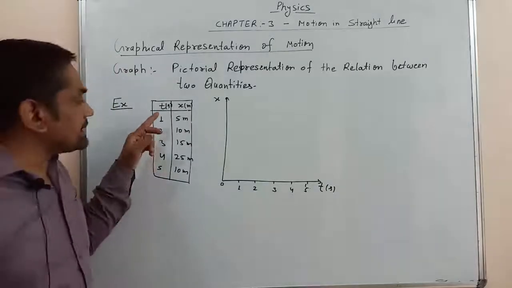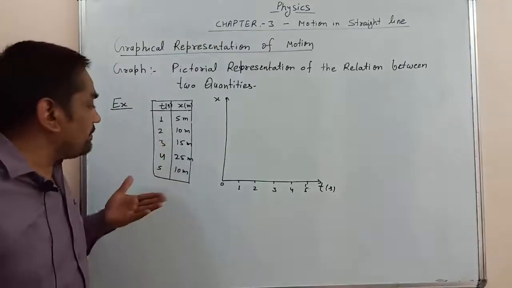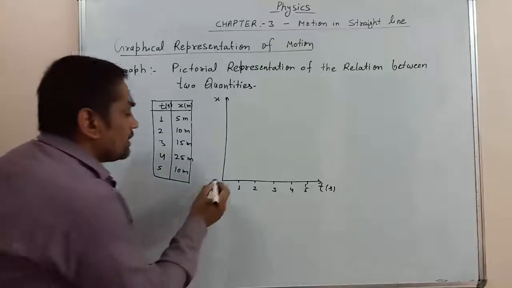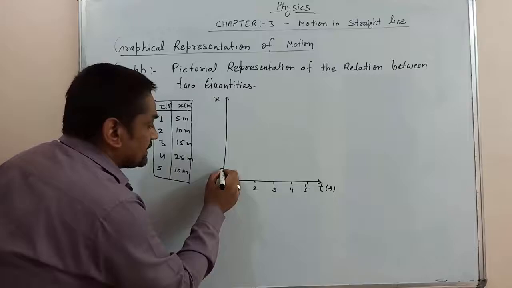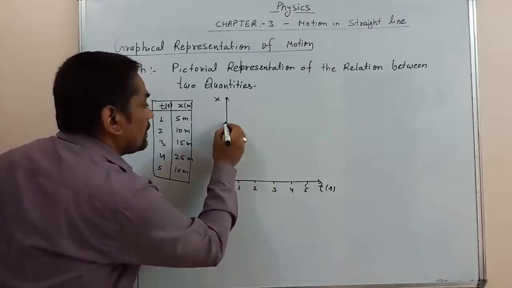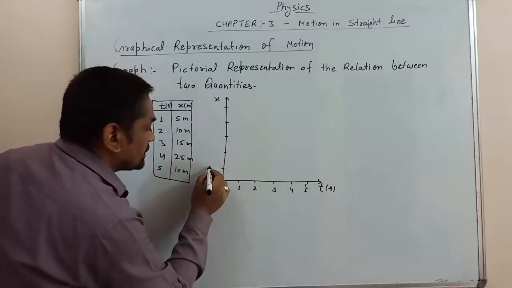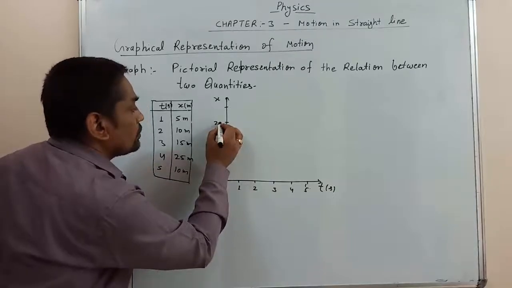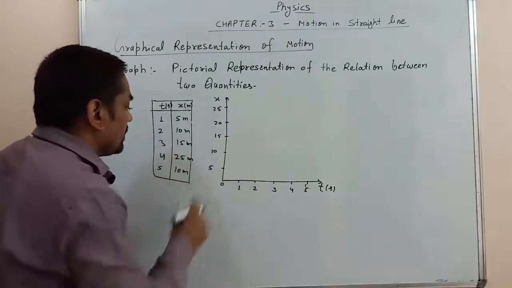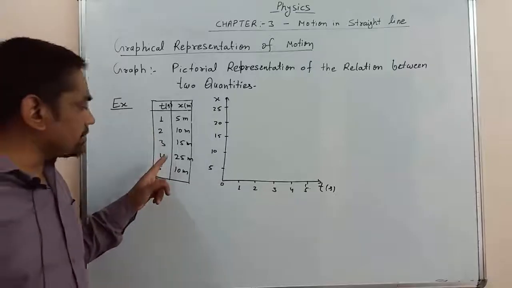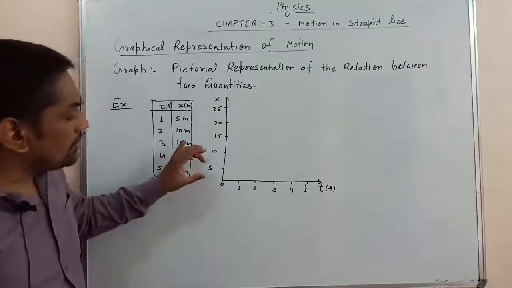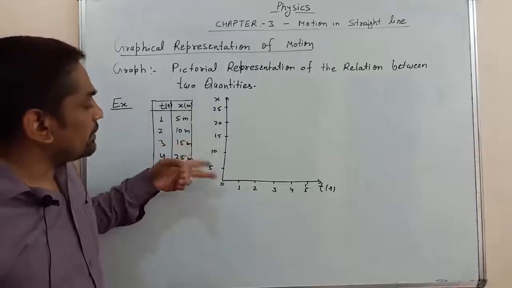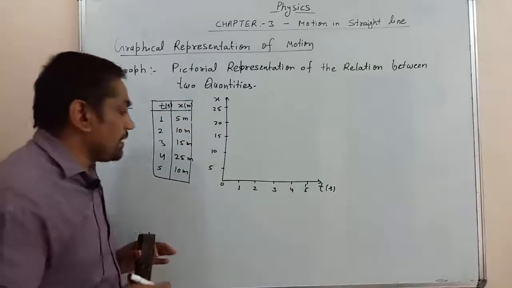The displacement is given in multiples of 5: 5, 10, 15, 25. So we can scale the displacement axis with a gap of 5: 5, 10, 15, 20 and 25. The maximum value of displacement is 25, so we take equal gaps up to 25.